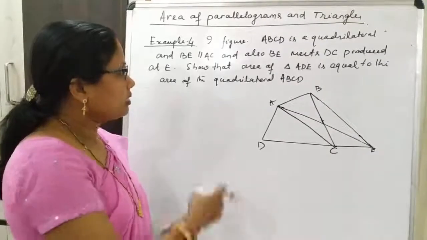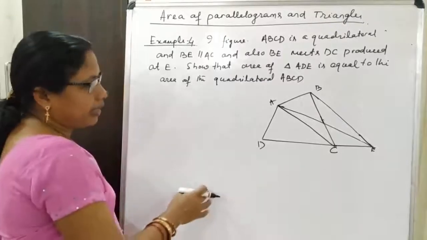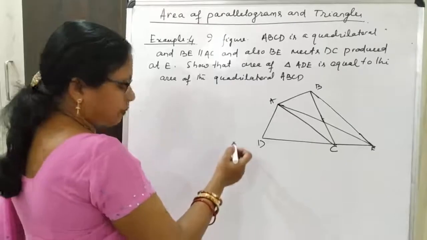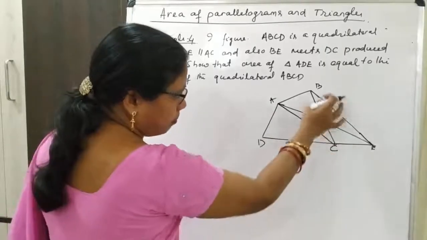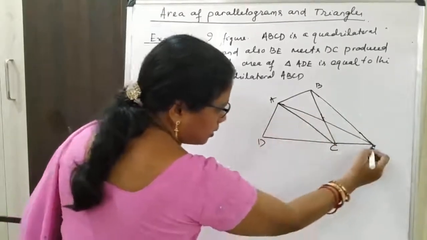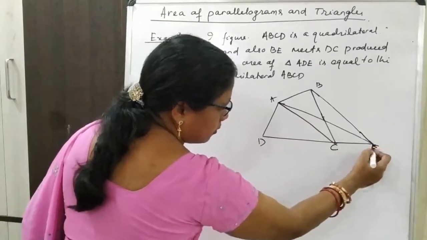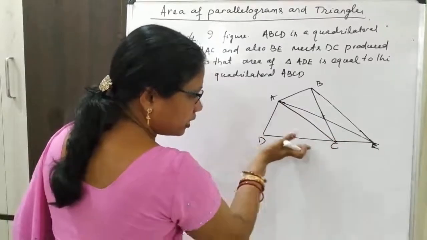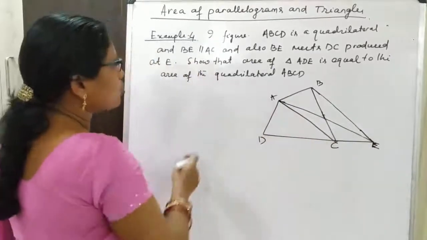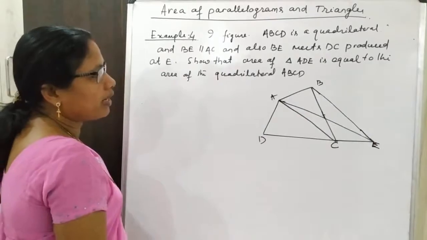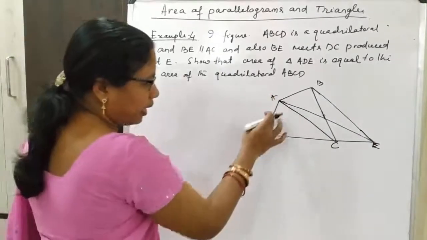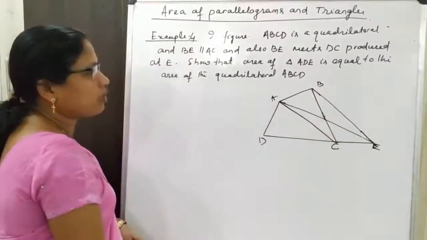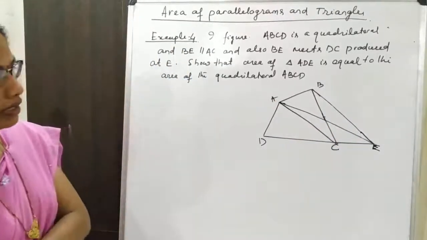Next example. In the figure, ABCD is a quadrilateral and BE is parallel to AC. E is the point on CD produced, so that area of triangle ADE is equal to the area of the quadrilateral ABCD.